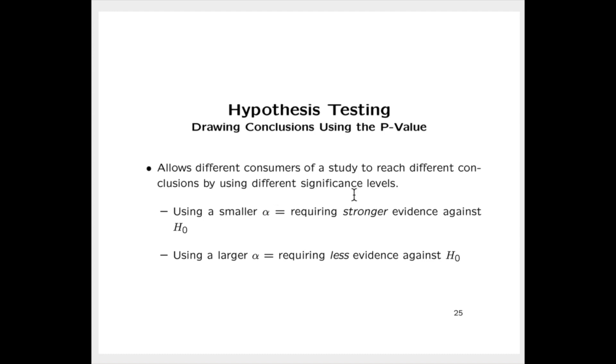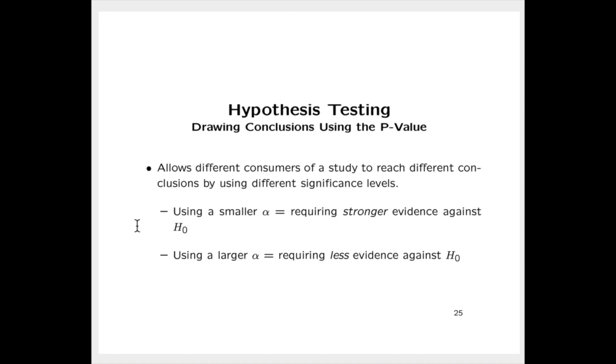Because what we're going to find out, we really haven't talked about it yet, is that in setting up a hypothesis test, you as a researcher, or whoever the decision maker is, maybe a journal editor, maybe your boss, somebody specifies the level of significance to use. So different people can use different significance levels, and utilizing the p-value in testing allows different consumers of a study to reach their own conclusions by using their own significance levels.